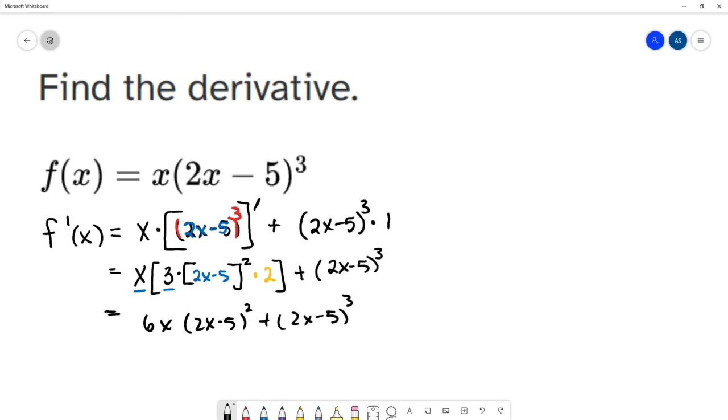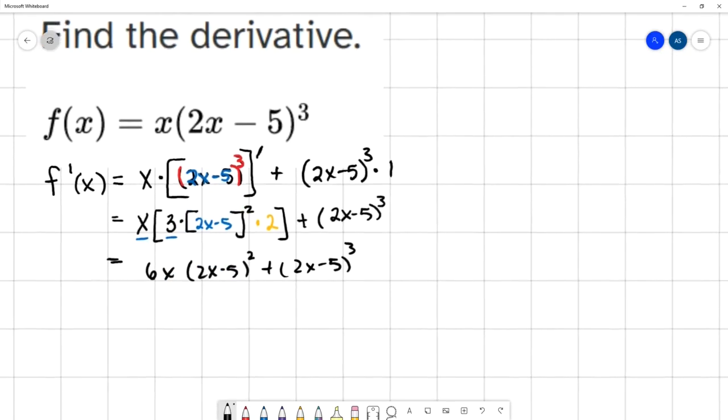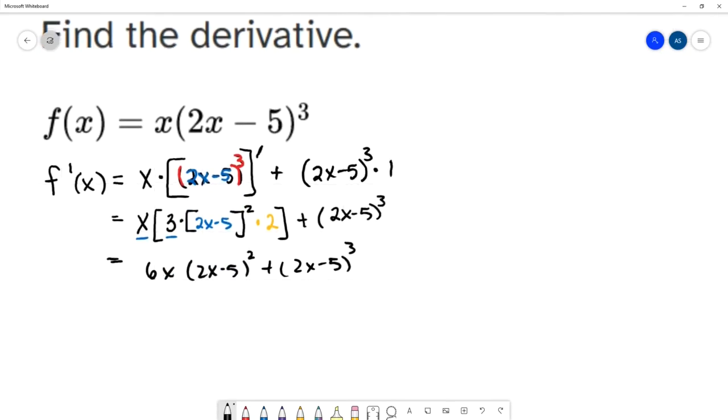So we have calculated the derivative here already, but I'm going to use a little bit of algebra to clean this up. So what I notice is that I have a common factor of 2x minus 5, and I can factor that common factor out.